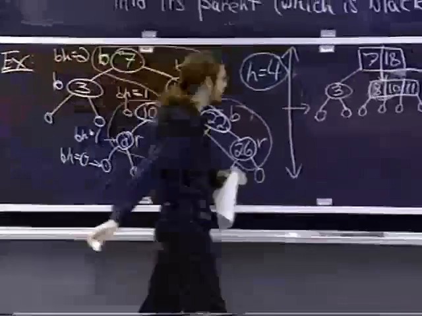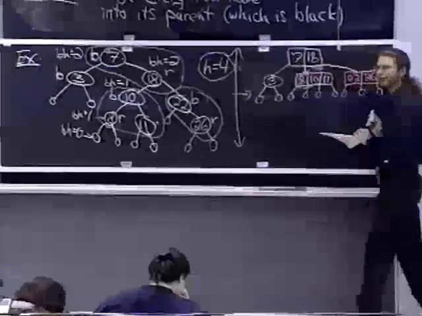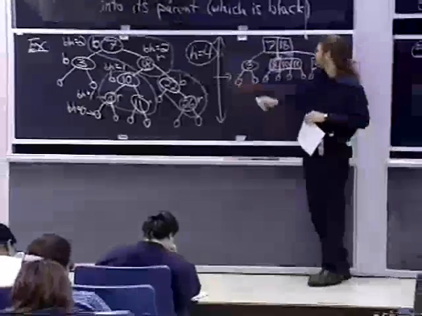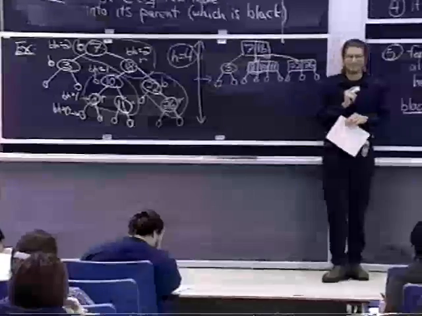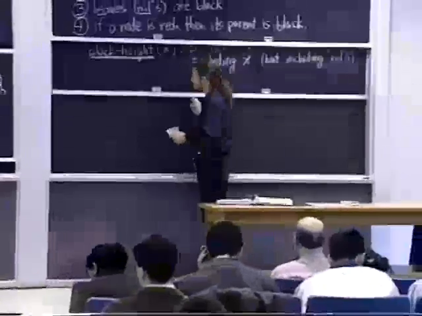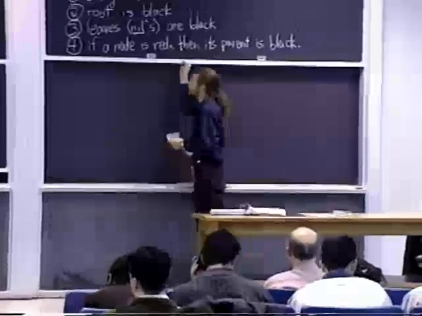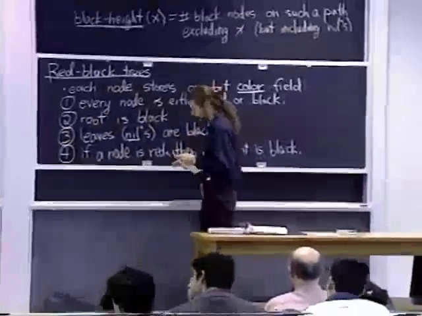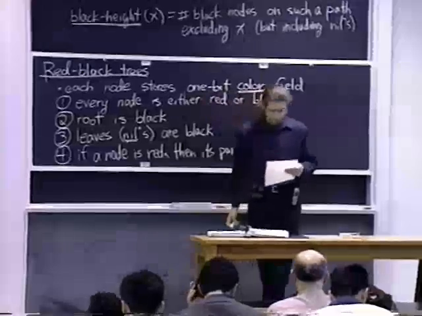This tree looks really nice, right? That one didn't look so balanced, but this one looks pretty darn balanced, doesn't it? So that's what we want to argue. I'm afraid I have to erase some definitions.